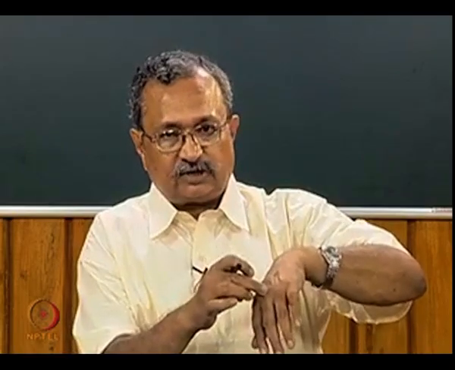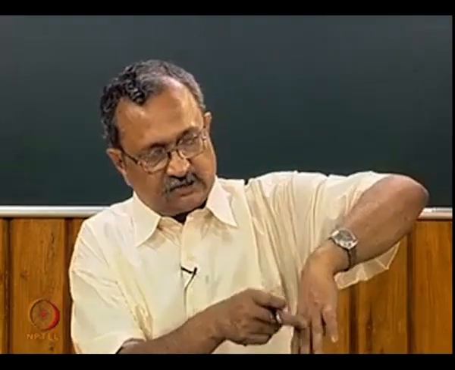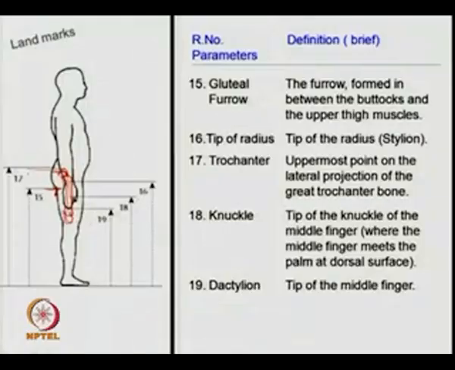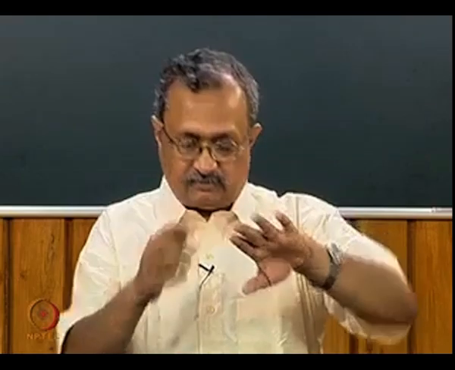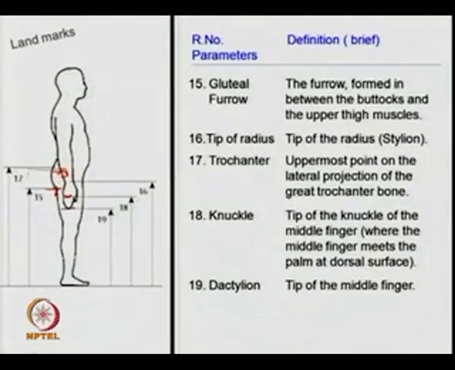This is the point, at that height. Now, dactylion, the tip of the middle finger, this is the dactylion point, 90.